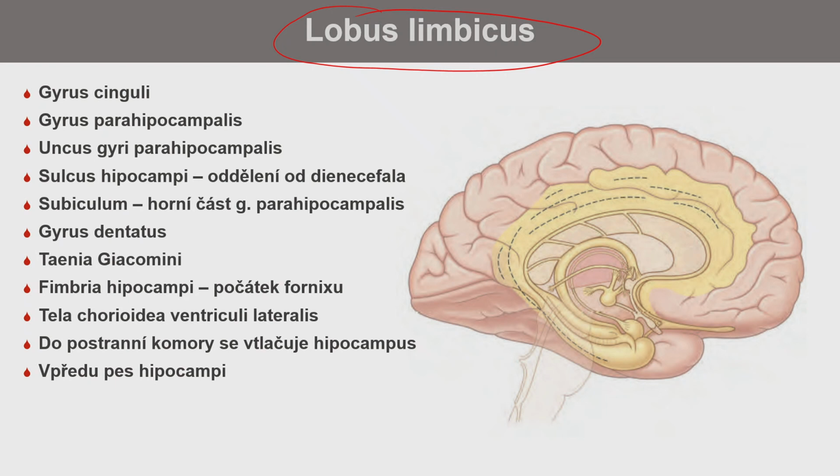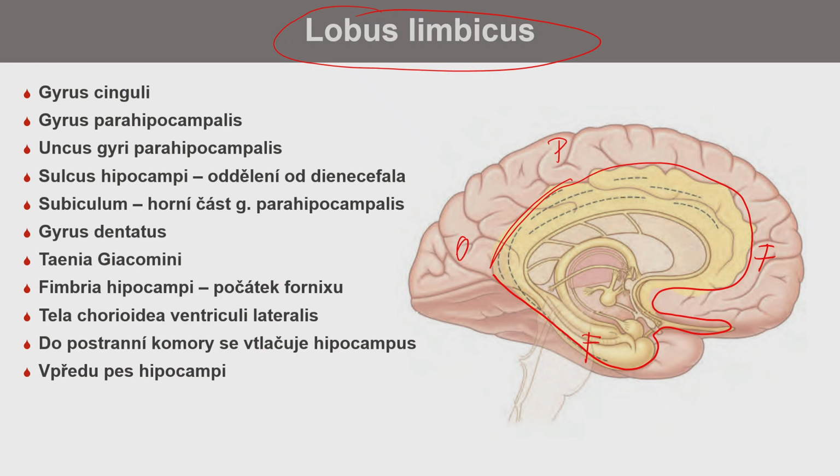What's the limbic lobe? The limbic lobe in the region of the telencephalon covers the surface of the medial part of the hemisphere and the medial part of all lobes. So it's the frontal, parietal, occipital, and temporal lobes, and then it is associated and connected with the centers which are localized in the diencephalon.